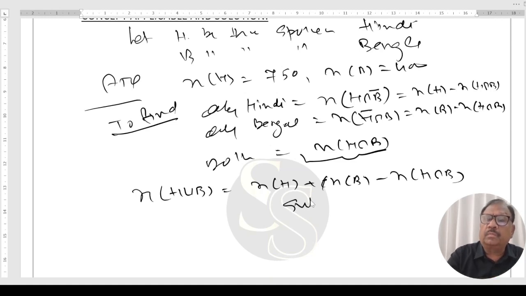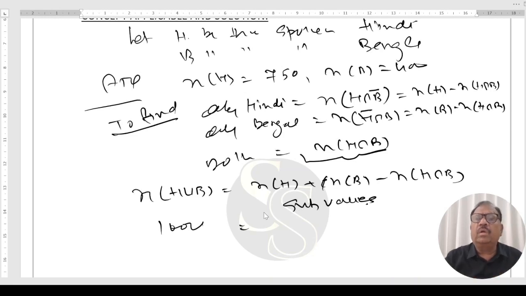Substituting values: this is 1000, this is 750 plus 400 minus n(H intersection B).